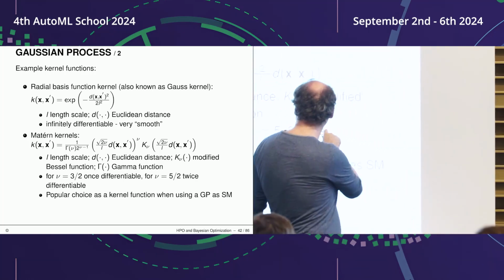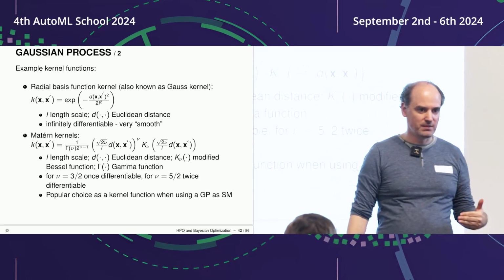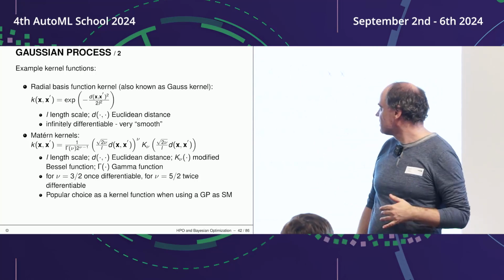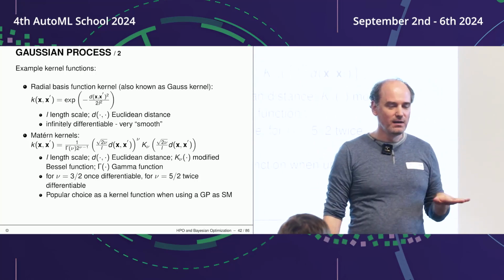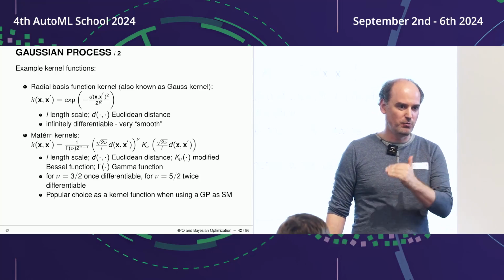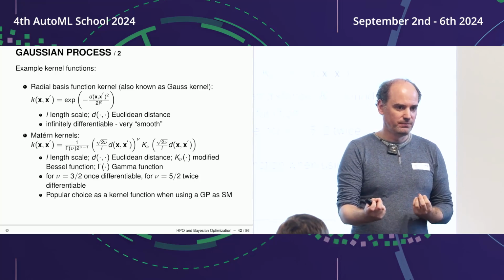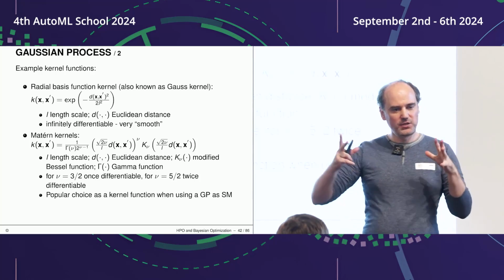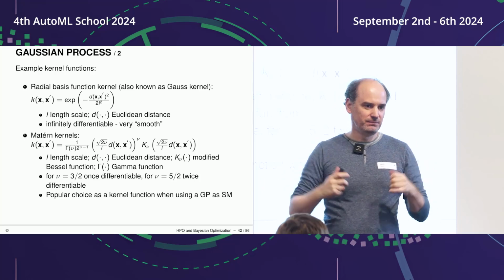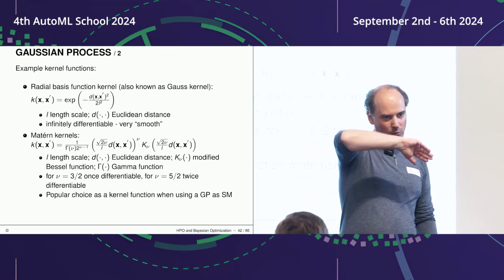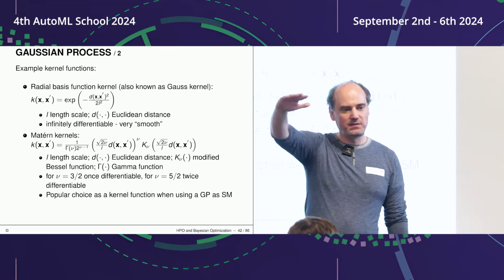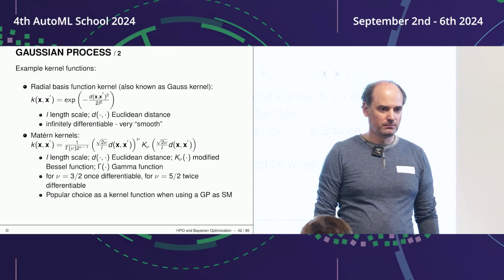But there are also parameters in this kernel function, so the length scales. I actually don't like this slide a lot because it just has a single length scale, but usually we have length scales for every parameter. This controls how strong the correlation is. So if this correlation is fairly high, how do you think the induced landscape of the GP would look like?